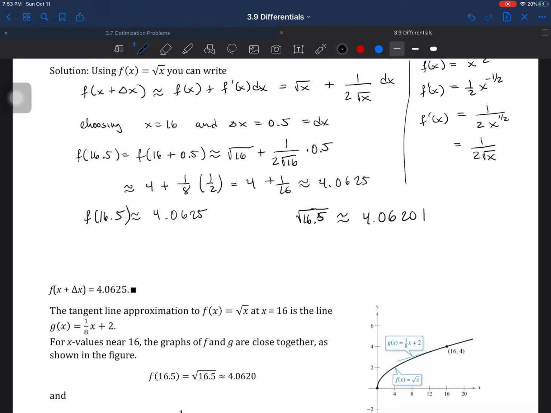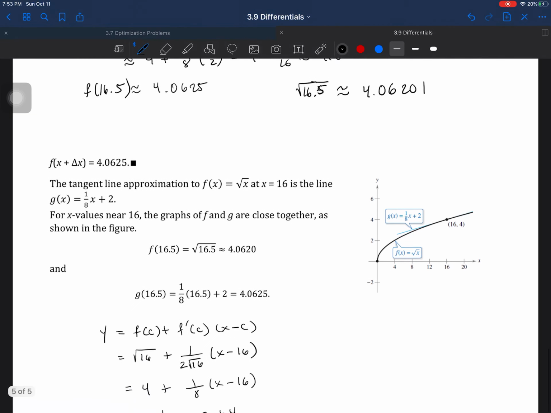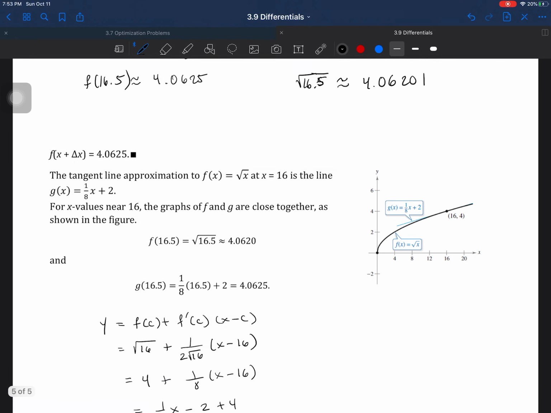But we can further extend this analysis and ask, what if we're asked to find a tangent line? A tangent line helps us approximate for more numbers. All we have to do is use the same equation, but leave it in terms of x.